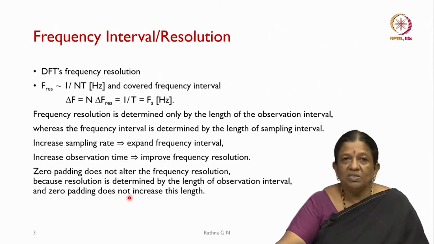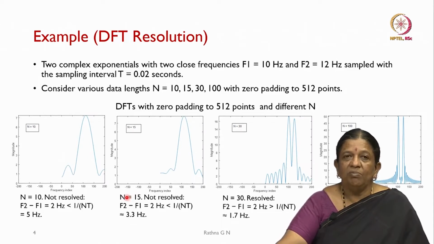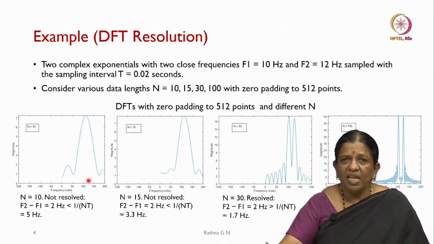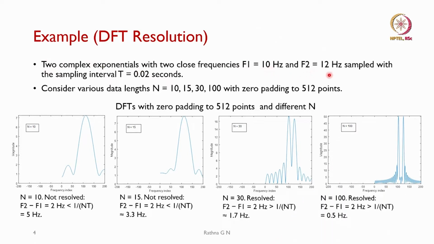To show this, one can run a MATLAB program to see how it affects the resolution. We will take two complex signals with close frequencies, F1 with 10 hertz and F2 with 12 hertz, sampled with the sampling interval T equal to 0.02, so the sampling frequency is approximately 50 hertz.